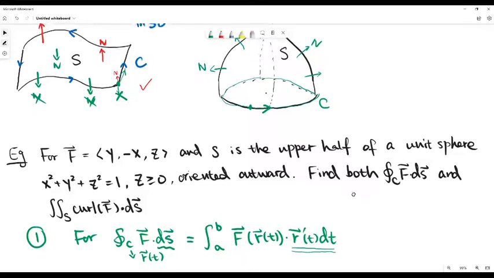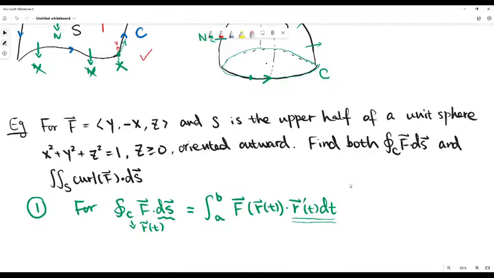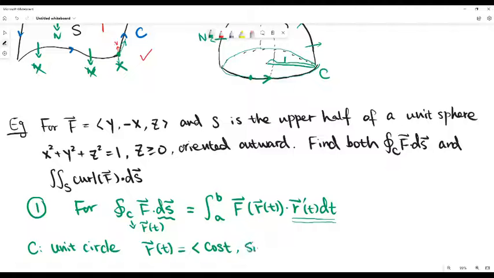So for this part, if we want to evaluate this line integral according to its definition, the first thing to do is to write a parameterization for this curve C, right? And because my sphere now is a unit sphere, which means my radius is 1 everywhere, my C is actually a unit circle, just by looking at the picture. And for a unit circle, right, we know how to write our parameterization. We use cosine t and sine t.